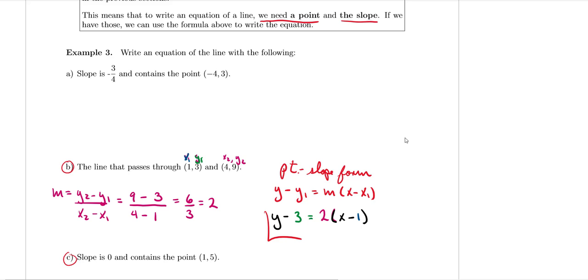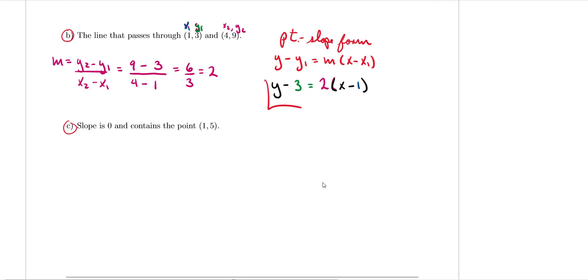Now, let's practice with the next one, which might seem harder, might seem easier, because this one is actually giving us the slope. They're telling us that the slope is 0 and the point is 1, 5. So let's see. If the slope is 0, we go again with the point slope form. And I'm going to go ahead and write it again, because anytime that we encounter a new formula, it's always good to write it again so that it's easier for us to remember it.